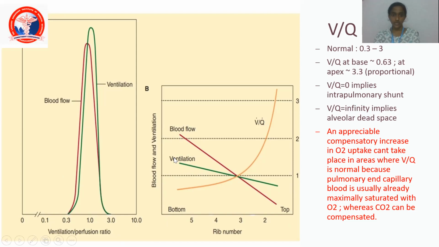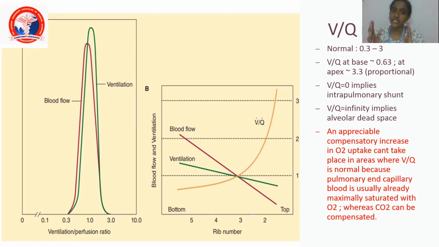Whenever we are moving from the base towards the apex, you can see the ventilation falls. Whenever we are moving from the base of the lung to the top, you can see the blood flow decreases. Actually, ventilation decreases, perfusion also decreases, but the perfusion fall is very, very wide.